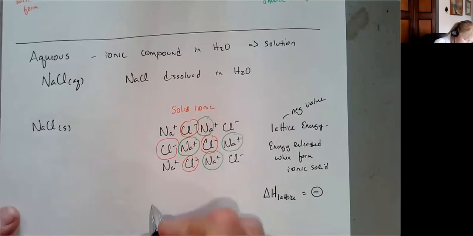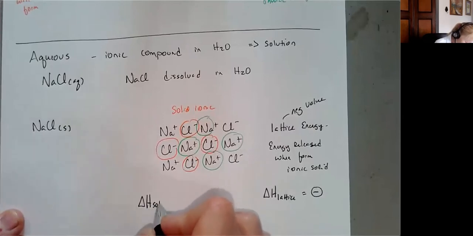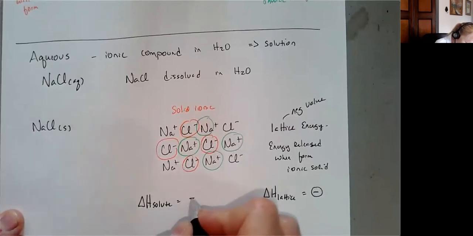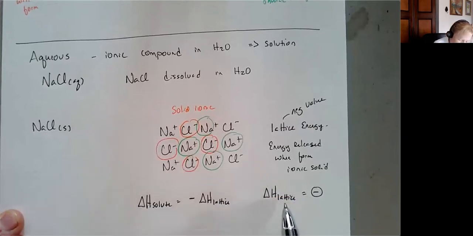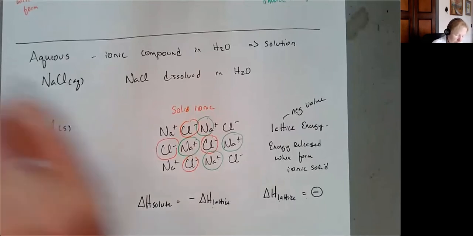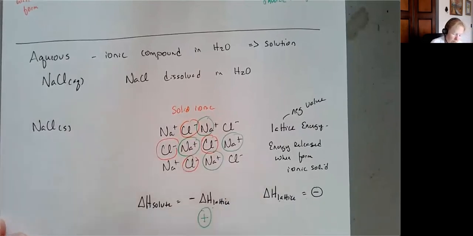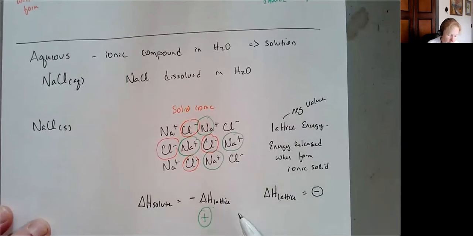So my delta H of my solute is going to be the negative of the delta H of lattice, because this is inherently already negative. If I take the negative of a negative, that's going to give me a positive value, because this is an energy requirement. So don't get confused, because if you look up lattice energies, they're always going to be negative because they're favored. When you form a lattice, you're favoring that. It's adding stability to all of those ions.